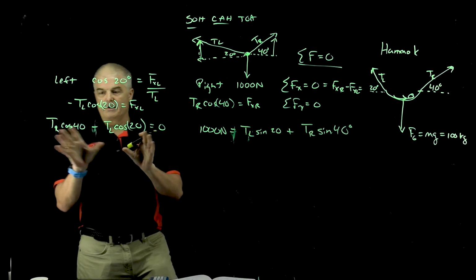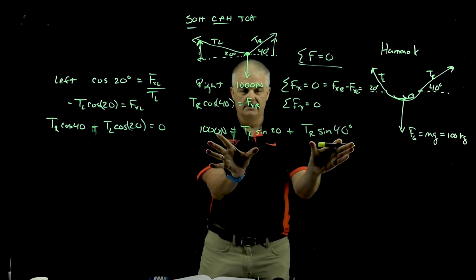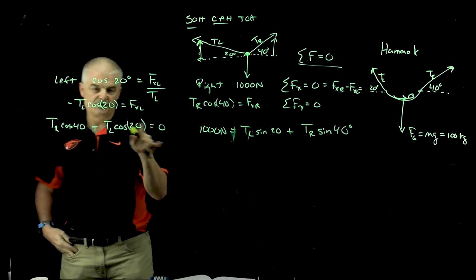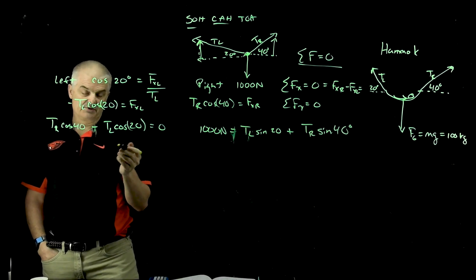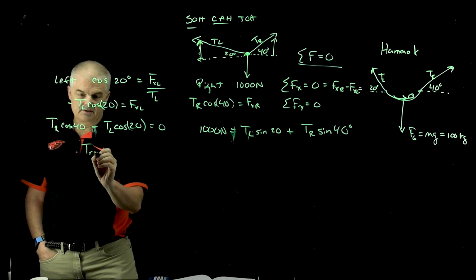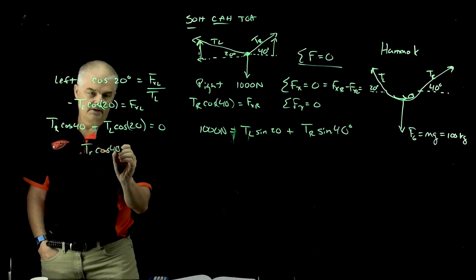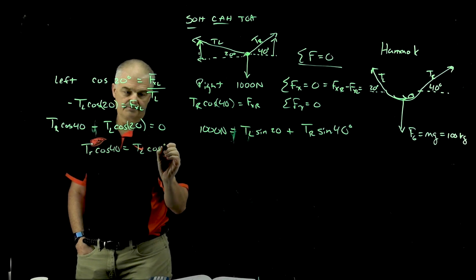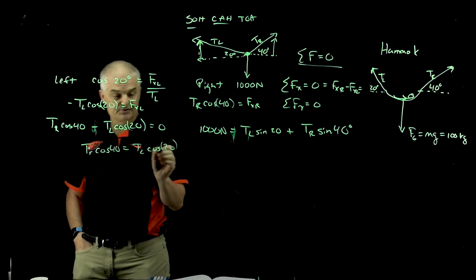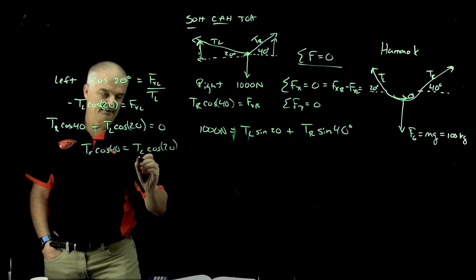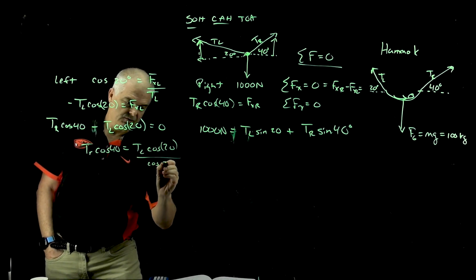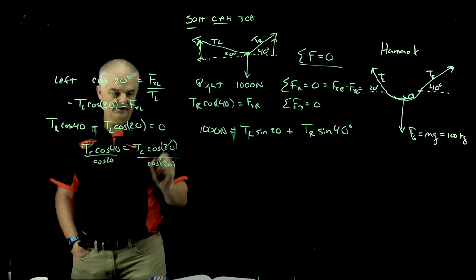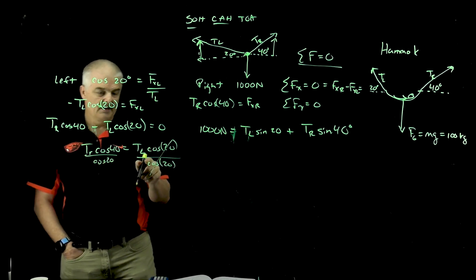Now you notice we have an equation here and an equation here, and we want to solve for the L and the R. Since this one is equal to 0, they basically have to equal each other, so I can say TR cos 40 equals TL cos 20. Now I have to substitute, so let's think about our algebra. I'm going to divide both sides by cos 20. These cancel, so TL is this.